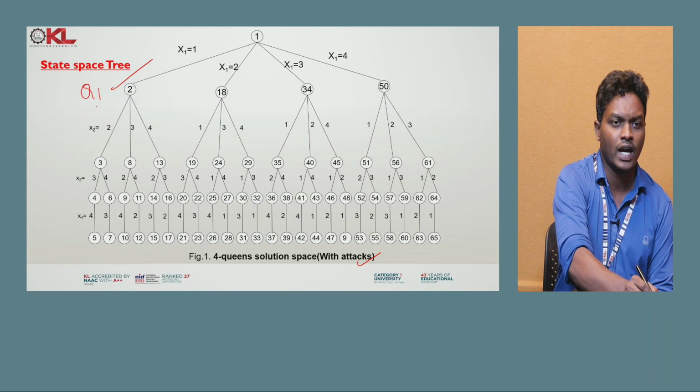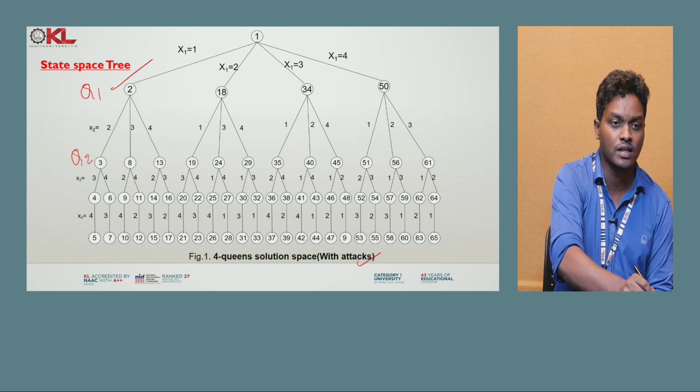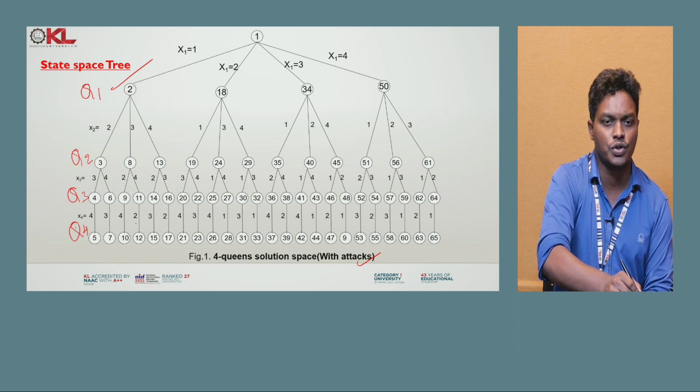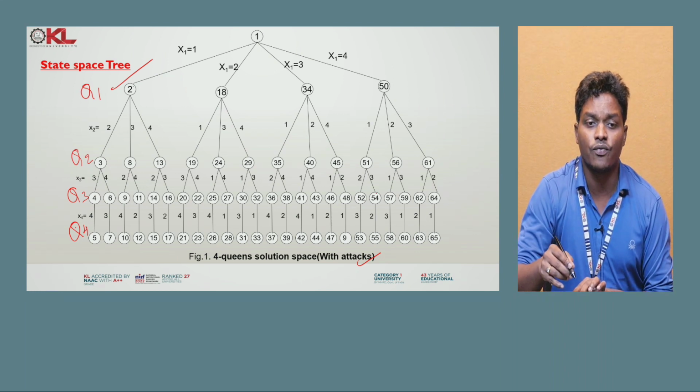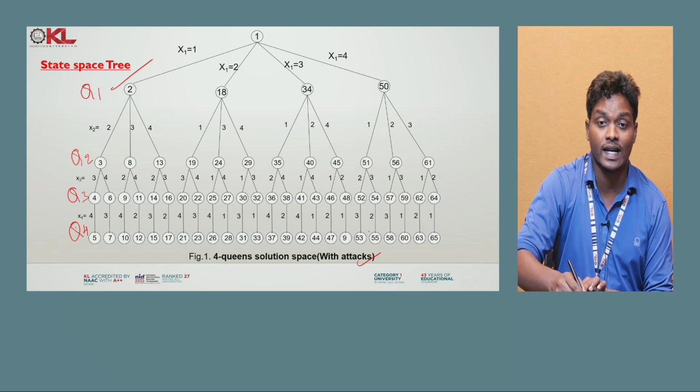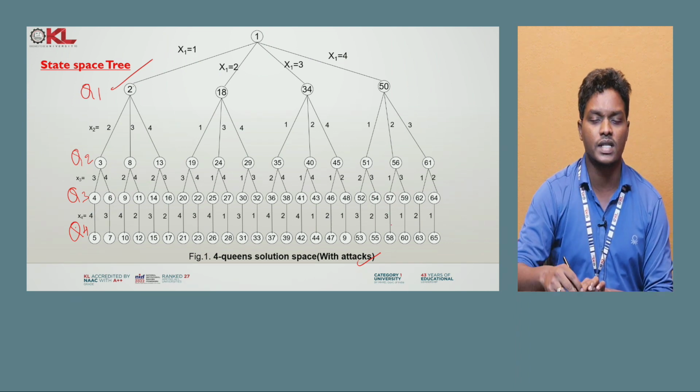The first queen can have 4 positions, the second queen at most 3 positions, and after placing q2, q3 can have at most 2 positions. Next, q4 can have only 1 position. These are the possible solutions where 4 queens can be placed, with attacks possible. This is the diagram of the state space tree.